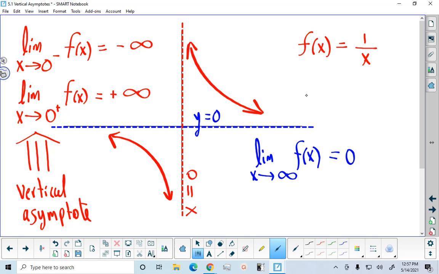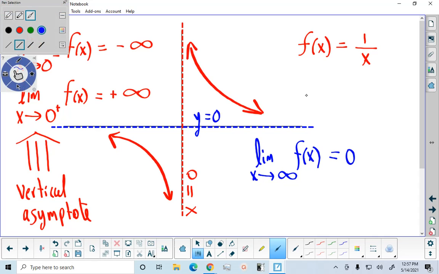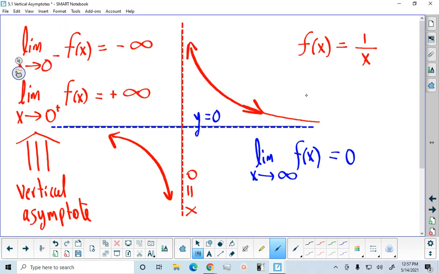As x gets larger and larger and larger and larger, this graph, and I'm going to extend it a little bit, this graph will get closer and closer and closer to that y equals 0 value. It will never reach it, but as we approach infinity, the function will approach 0, which means the limit as x approaches infinity is 0.